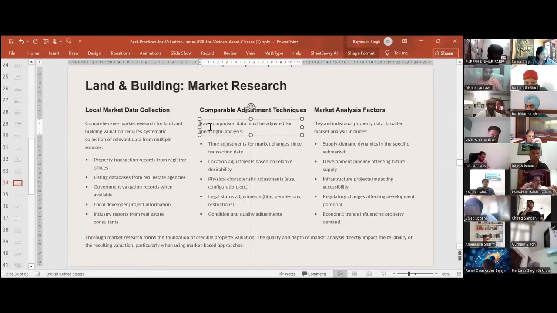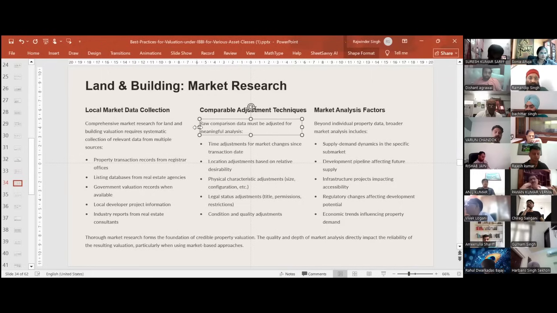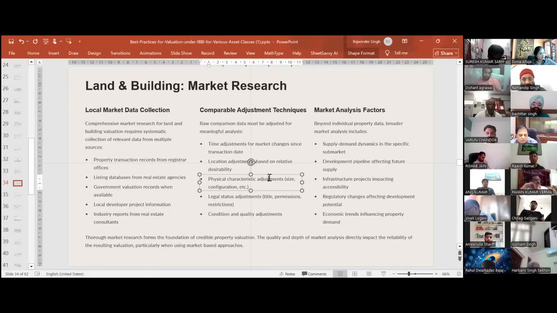That is important. Not only the collection, but converting this raw data into meaningful data. You must have sufficient knowledge. For that, you may have to do adjustment for time, for the market changes since the transaction date.